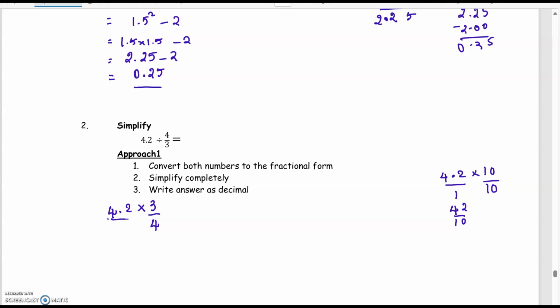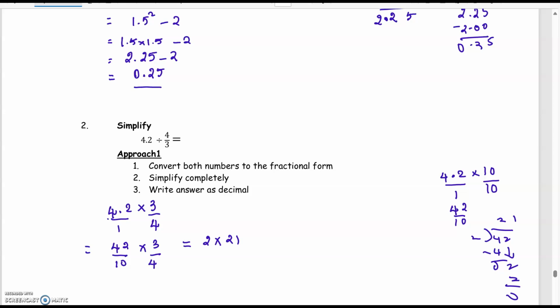So this is equal to 42 over 10 times 3 over 4. So we simplify this, and how do we multiply fractions? We cancel common factors first. So 2 goes into 42, 21 times, right? 2 2s are 4, subtract, bring the 2 down, 2 1s are 2, and leaves a remainder of 0.